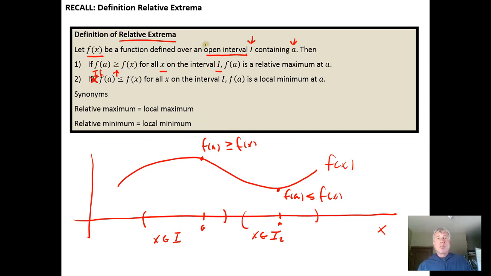So we used open intervals in our definition precisely because intervals are components of a line. Our domain, our input values, live on a line, so we define things in terms of open intervals.